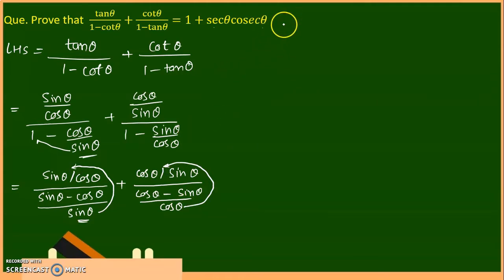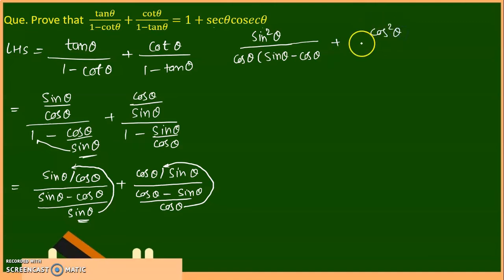So if you simplify this and rearrange this equation, we will get sine theta into sine theta, that is sine square theta, and in the denominator we have cos theta multiplied by sine theta minus cos theta, plus here this cos theta multiplied by cos theta, cos square theta, and here we have sine theta multiplied with cos theta minus sine theta.